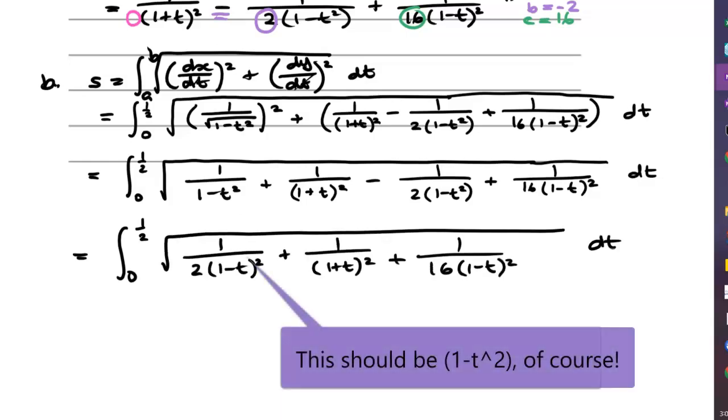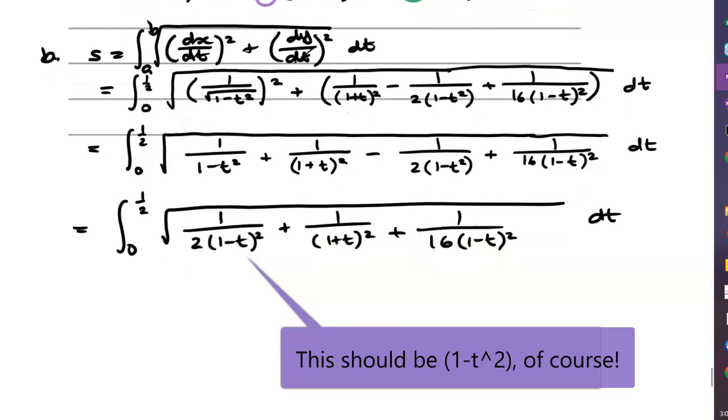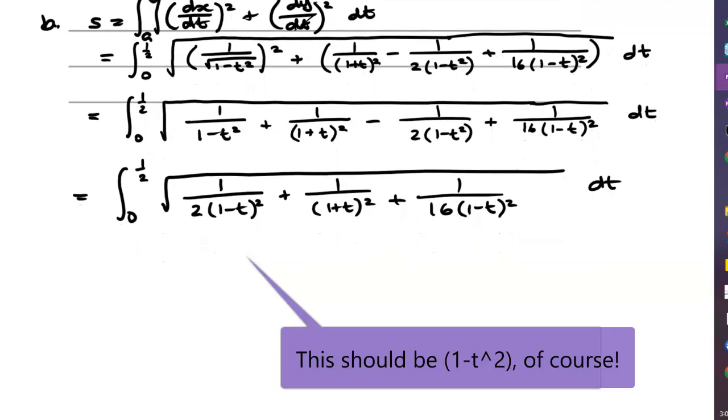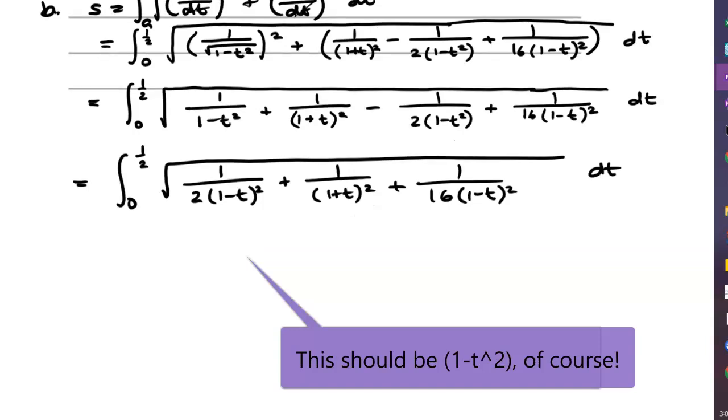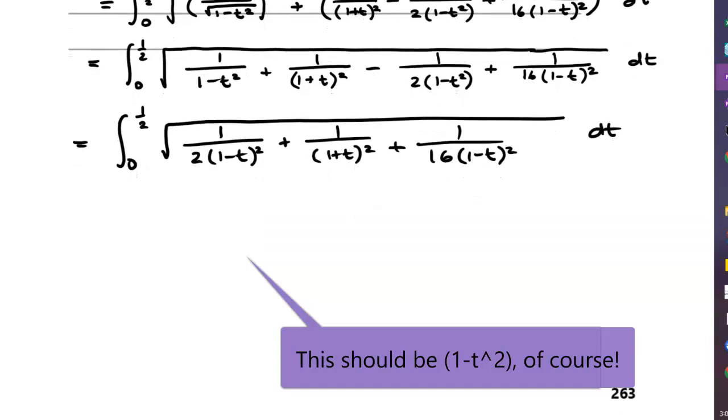Okay, I really feel like we're getting somewhere. With that 1 minus t squared form, let's now write that as 1 minus t, 1 plus t. You'll see why in a moment. And I'm also going to put this term first. The reason I'm doing that is I am trying to get to some point where I have a perfect square.